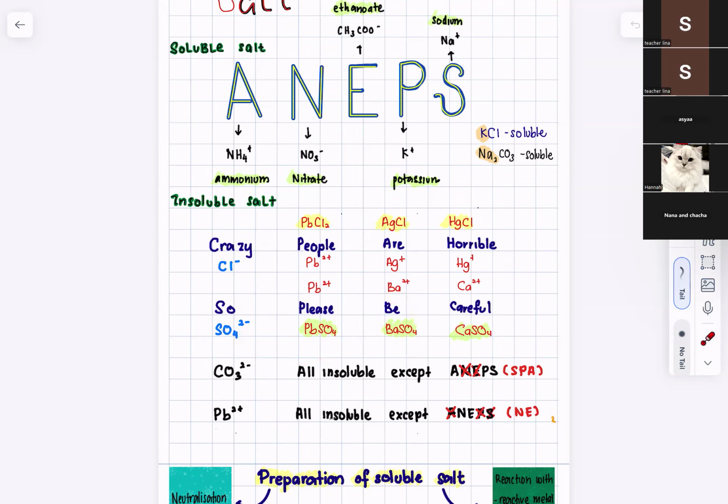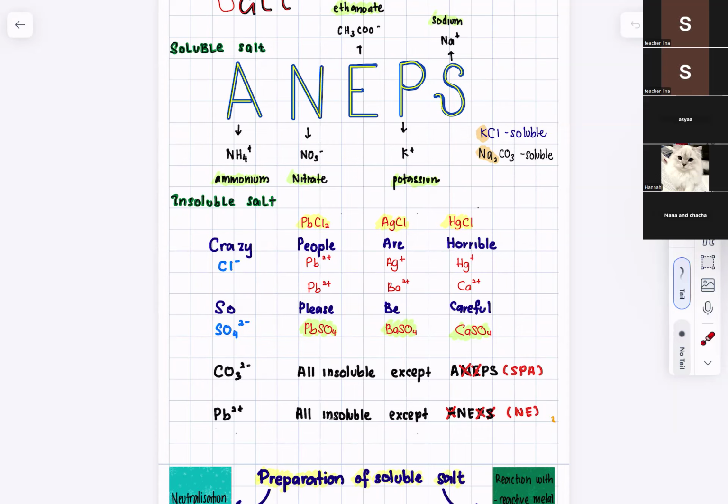Okay, is it clear, Chacha? Yes. Okay, again. Calcium carbonate. See carefully. Insoluble. Lead II nitrate. Soluble.